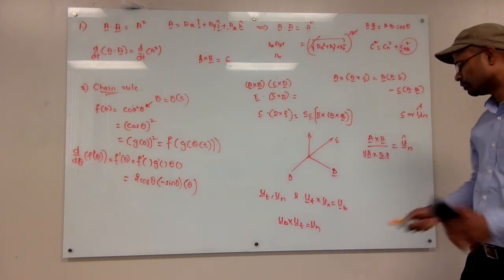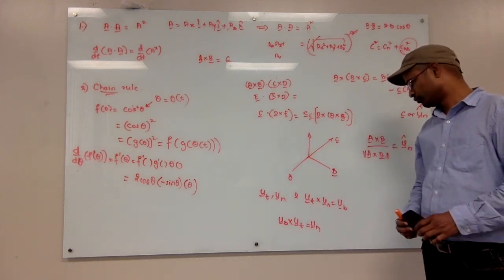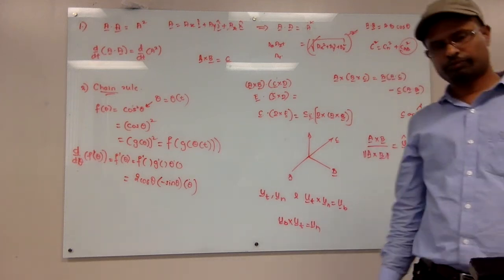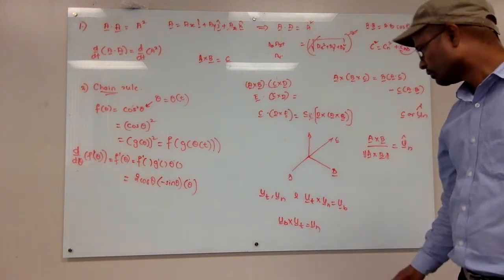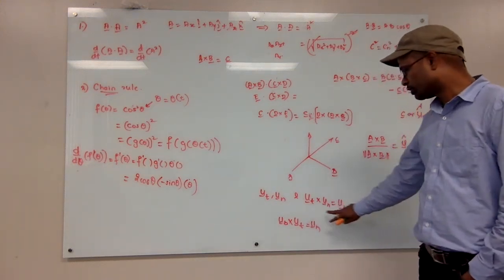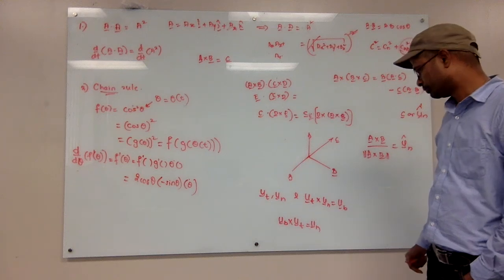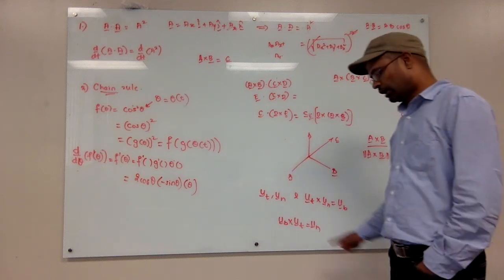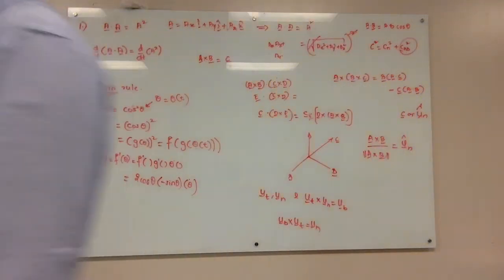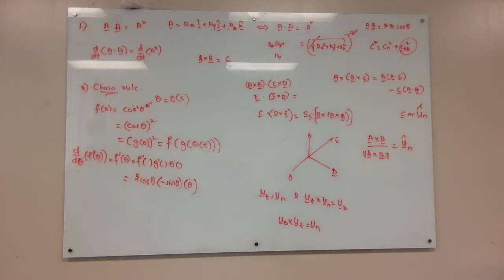Right, so let's look at this first. This is a relationship which is given to you, right? Are they orthogonal? Does it say they are orthogonal? They are perpendicular. So UT, UN, UB are perpendicular. So all these three are perpendicular vectors.